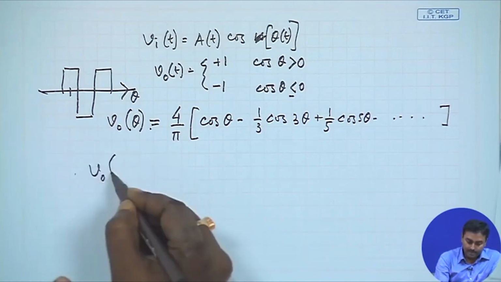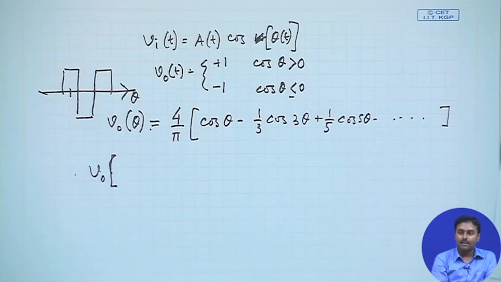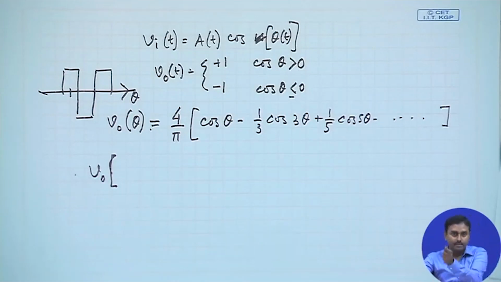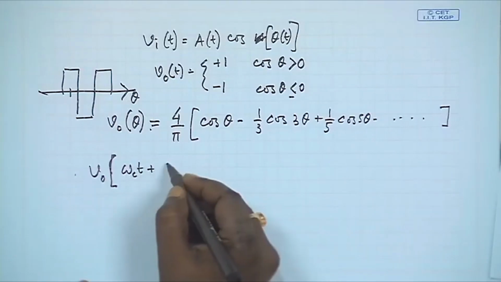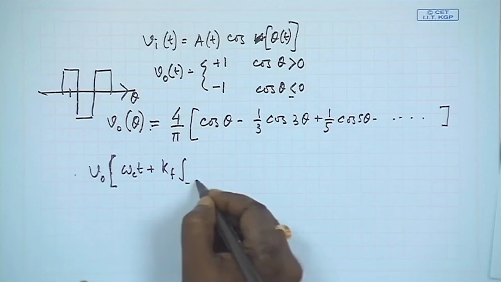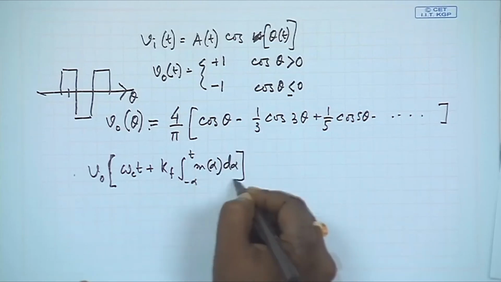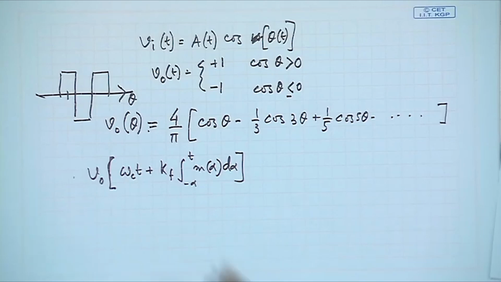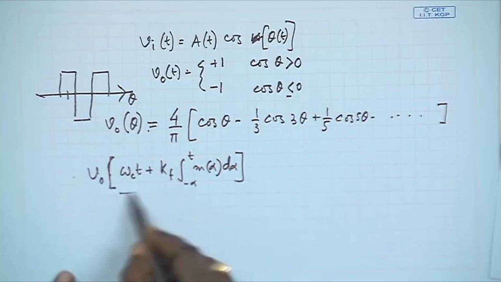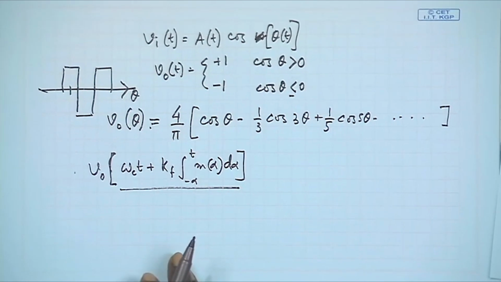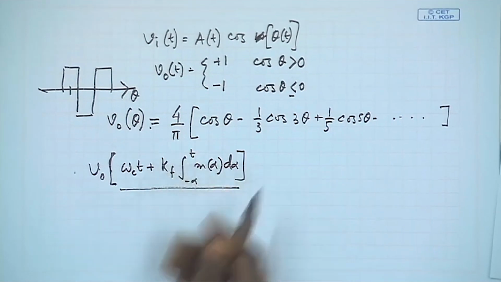Now, I can write what this theta is. This theta t is actually the overall FM modulated thing plus the carrier part. Okay. So, let us approximate that. This is actually omega c t plus, let us say, k f integration from minus infinity to t of m alpha d alpha. Of course, I do not have exactly this, I have some tan inverse of this.